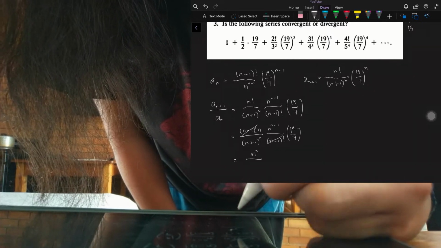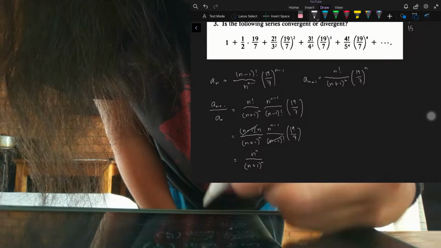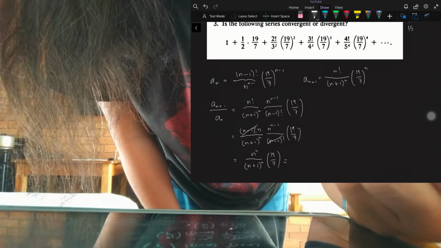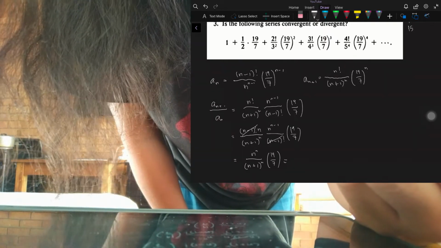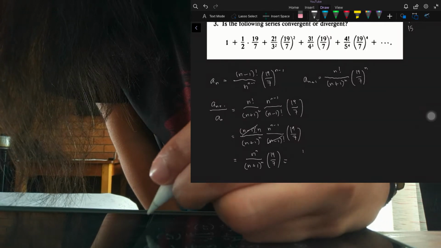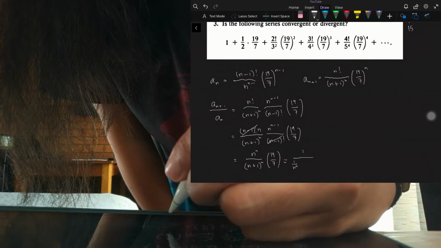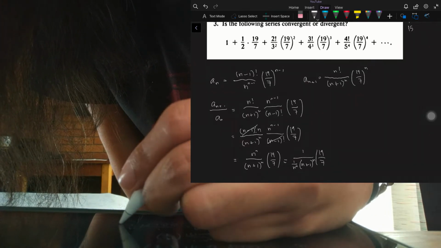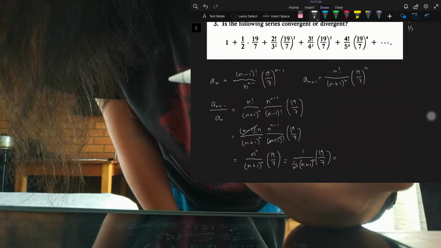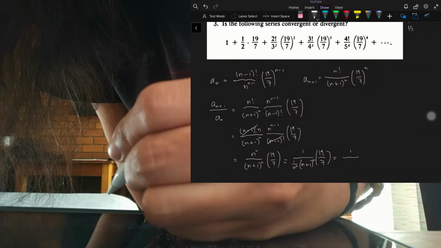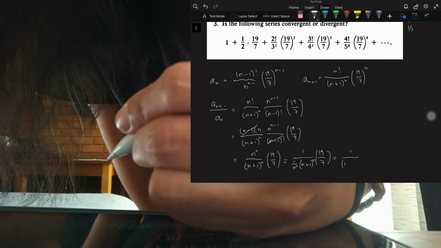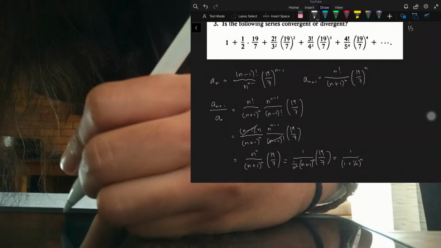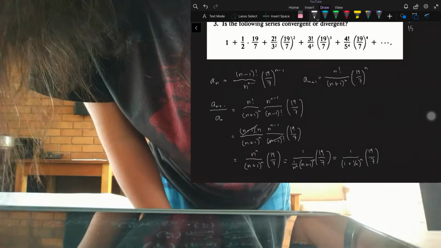So you have n to the n over n plus 1 to the n, times 19 over 7. I divide both numerator and denominator by n to the n, so you have 1 over n plus 1 over n to the n, times 19 over 7. Putting it inside the parenthesis, that gives 1 over 1 plus 1 over n, all to the n, correct? Times 19 over 7.